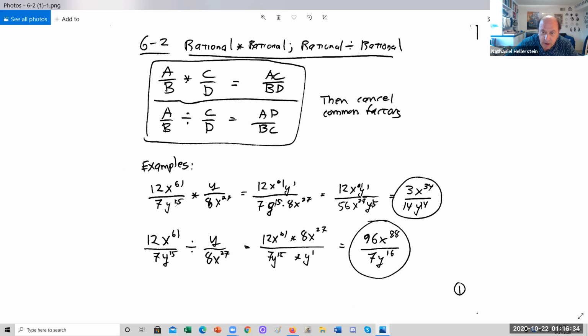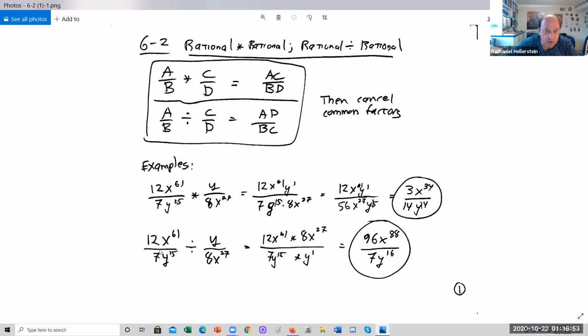And then you subtract exponents. 61 minus 27, that's 34. 1 minus 15 is negative 14, so it's y to the positive 14 in the denominator. And 12 and 56 cancel out to 3 over 14. So you get 3x to the 34 over 14y to the 14.